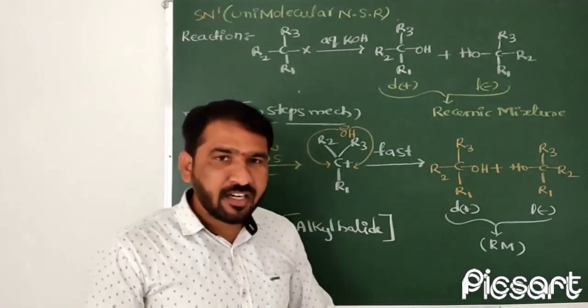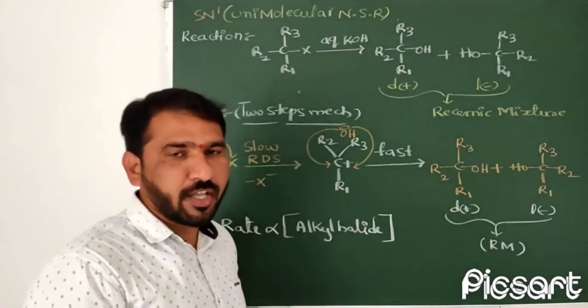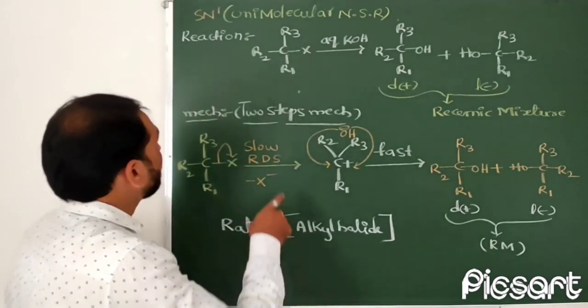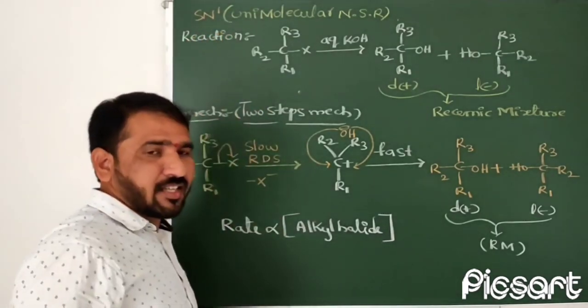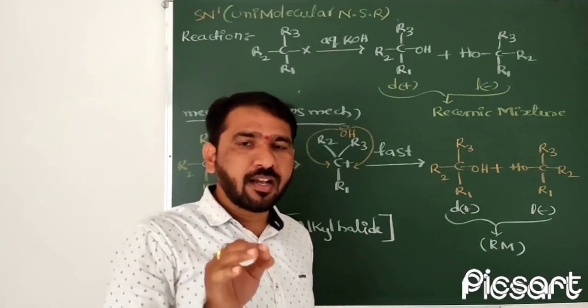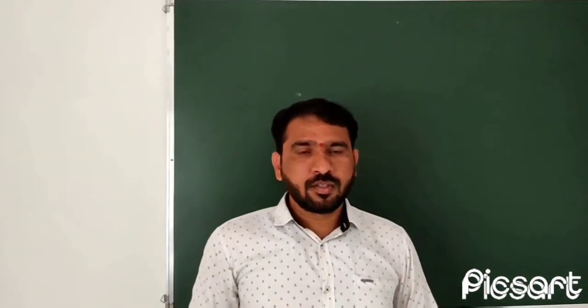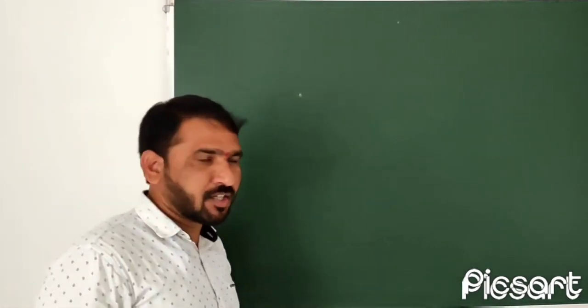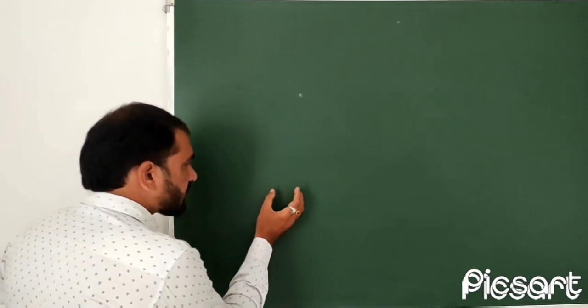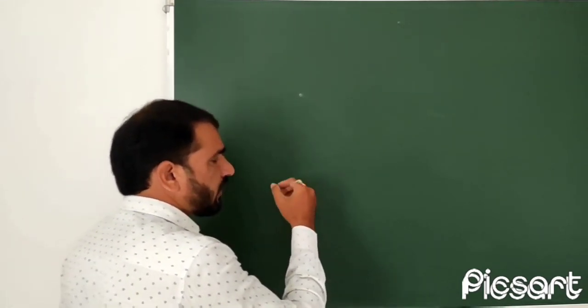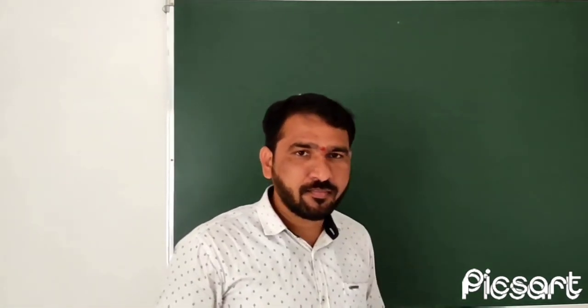So the molecularity of the reaction is equal to 1. Therefore, this SN1 reaction is called the unimolecular nucleophilic substitution reaction. So in the reaction mechanism of SN1 reaction, why is the first step slower and why is the second step faster?